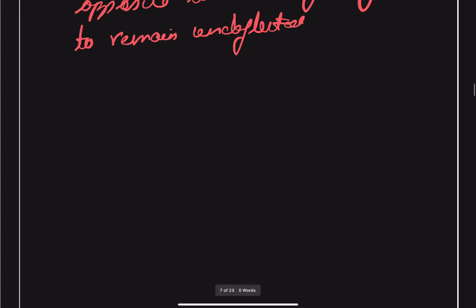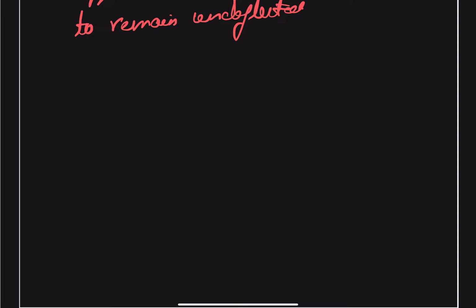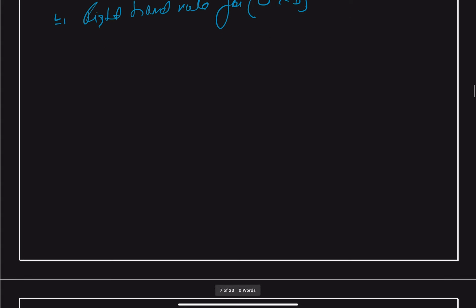So we can use right hand rule for V cross B, okay, because the force is rather a cross product of velocity and magnetic field. So you can say right hand rule for V cross B. So it means that our B will be directed into the plane of paper, that is negative z direction.